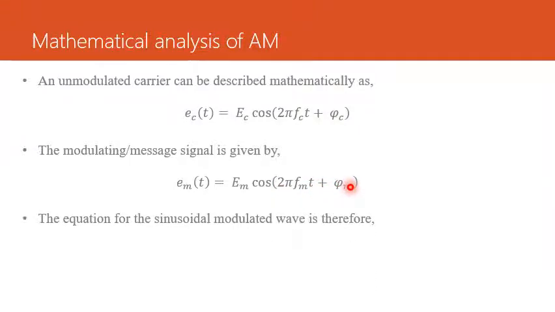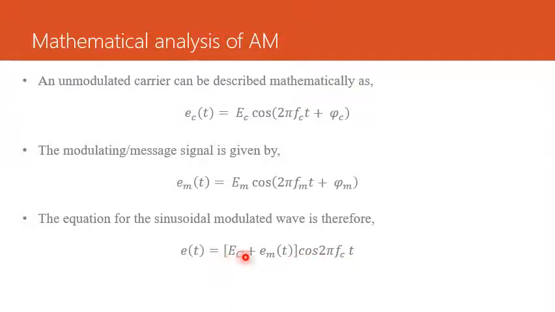In amplitude modulation, a voltage proportional to this modulating signal is directly added to the amplitude of the carrier signal. Therefore the equation for the sinusoidal modulated wave is E of t is equal to Ec plus Em of t, into cos 2 pi fc t.